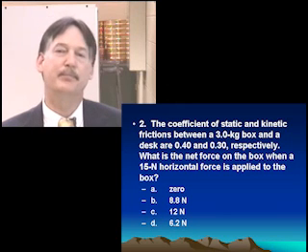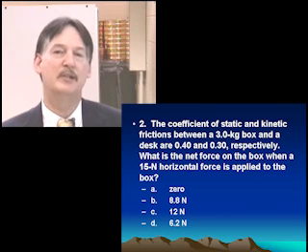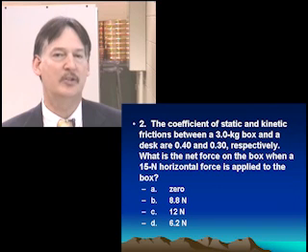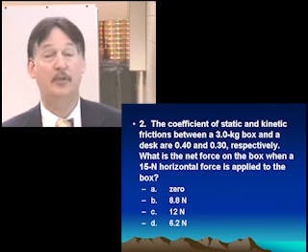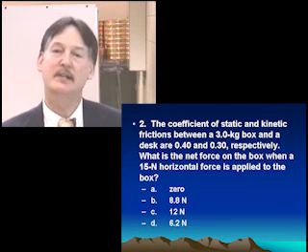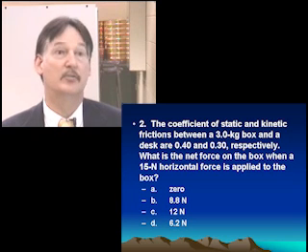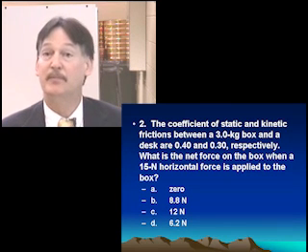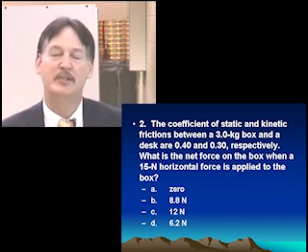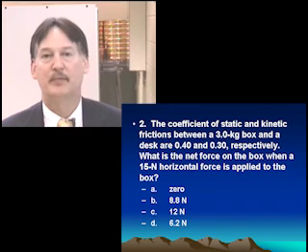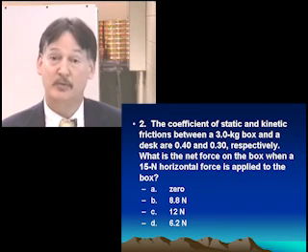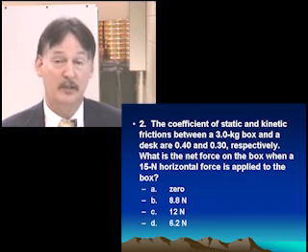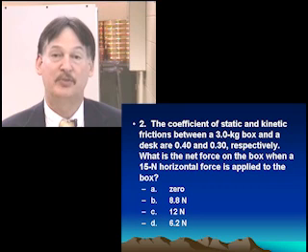Well, first of all, we have to ask the question, if we apply 15 newtons of force to this box, what is actually going to occur? In other words, we know there's friction. Is this enough force for the box to move? Well, how much force does it take? If we want to get the box to move, we have to overcome the frictional resistance.